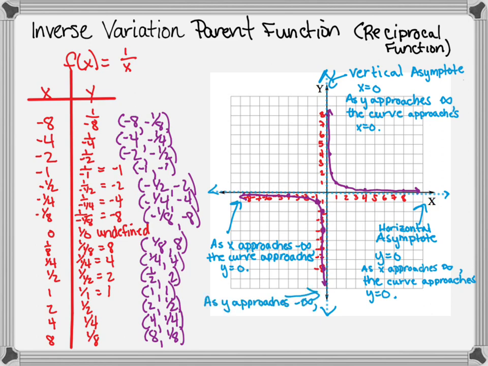And down here, we can see that as y approaches negative infinity, the curve approaches the line x equals 0. So our curve is not going to touch our horizontal asymptote y equals 0 or our vertical asymptote x equals 0. And it actually jumps to a different quadrant. Like it's not connected. These two branches are not connected.